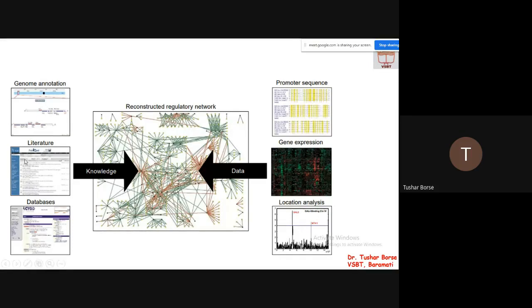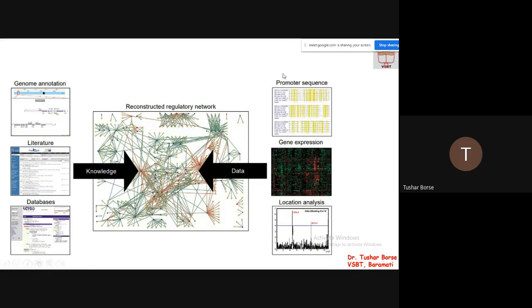So you have that kind of knowledge. You have the literature, you have books, there are many review articles and research articles. So that knowledge is available. You have the different databases nowadays which are available. All these things constitute the knowledge you can get. On the other hand, you can work upon the system in which you are interested. Then you can go for your actual database for that system.